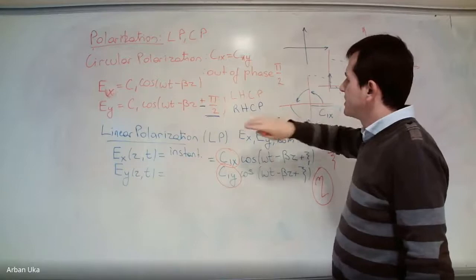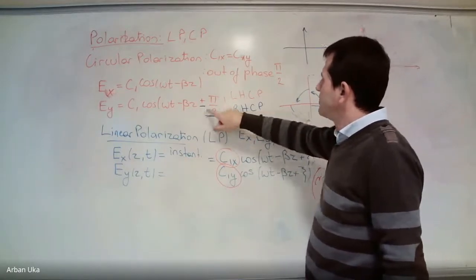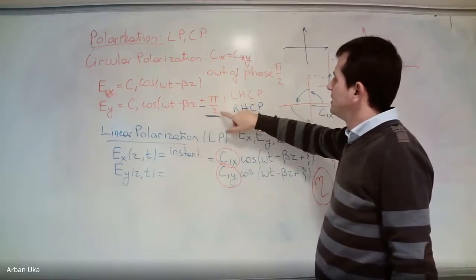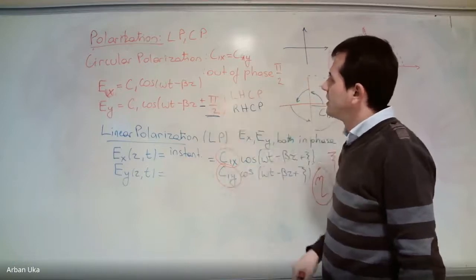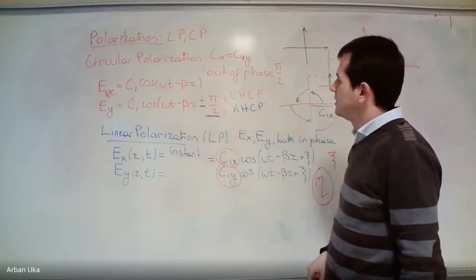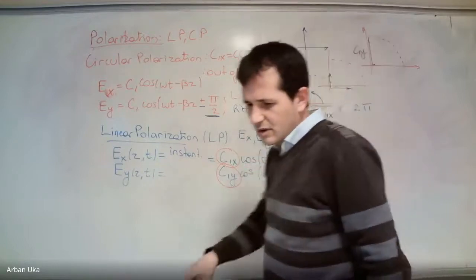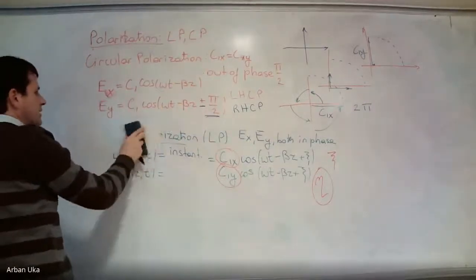So let's fix everything, and as time is progressing, if we have a minus sign here, the E will be delayed. Yes, and as Ex decreases, the Ey will increase with time. Yes, I think this is right hand circularly polarized. And the other one is the left hand.